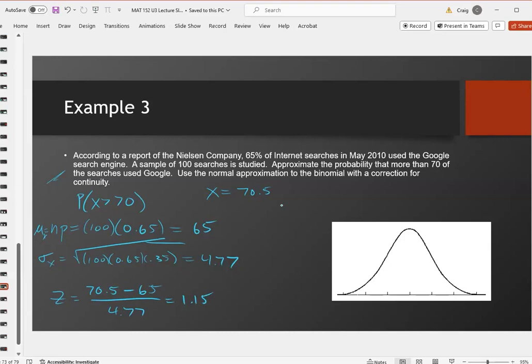We want the probability then that more than 70 use that. So we want 1.15 and all this area over here. All that's left now is to go to your table or to go to Excel.